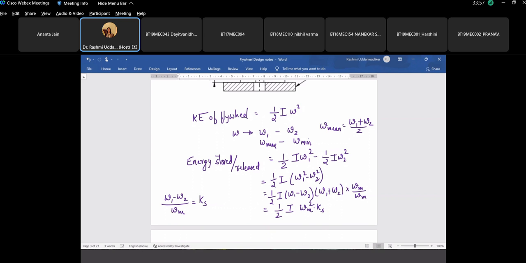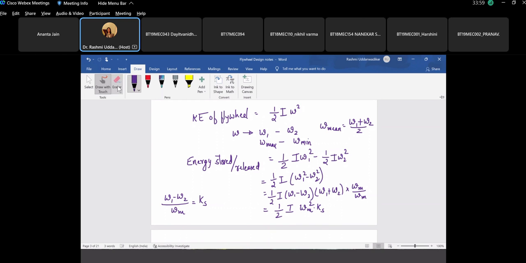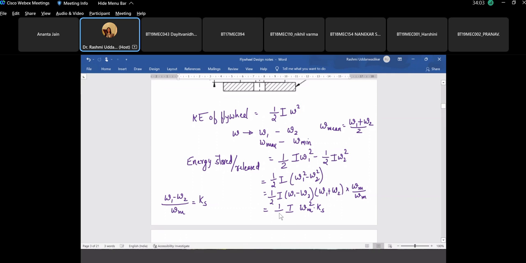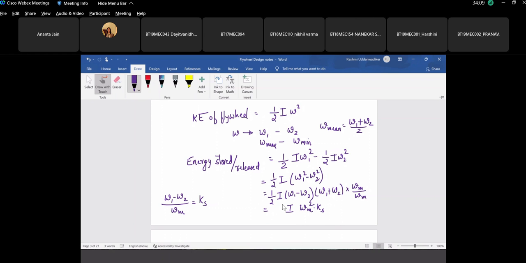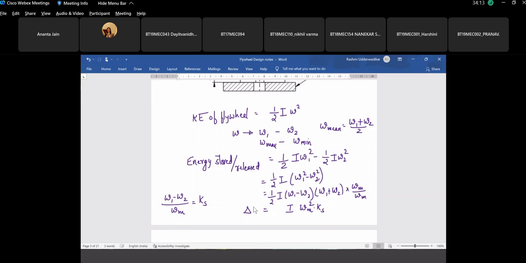This half is gone. This is the formula for energy stored or energy released, del E.